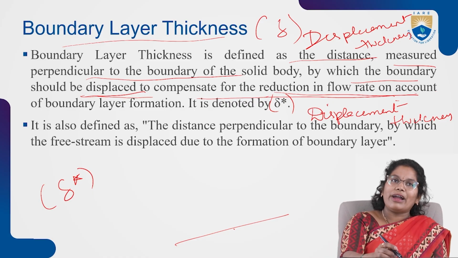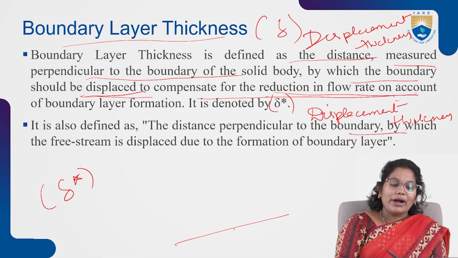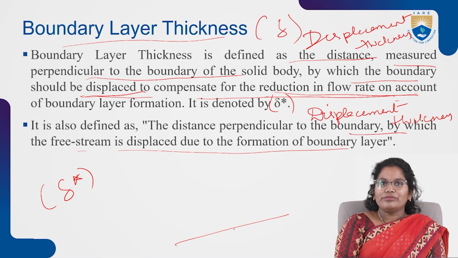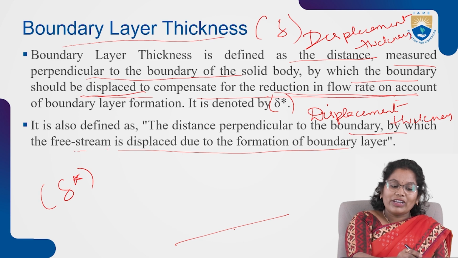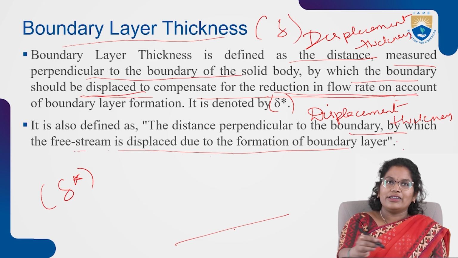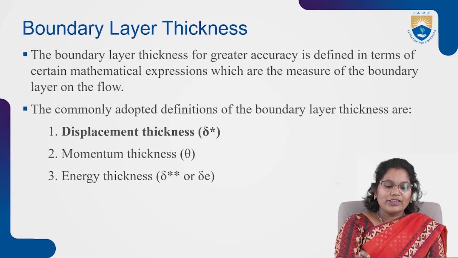It is denoted by delta star. And one more definition is the distance perpendicular to the boundary by which the free stream is displaced due to the formation of the boundary layer. So this is denoted by delta star, right?